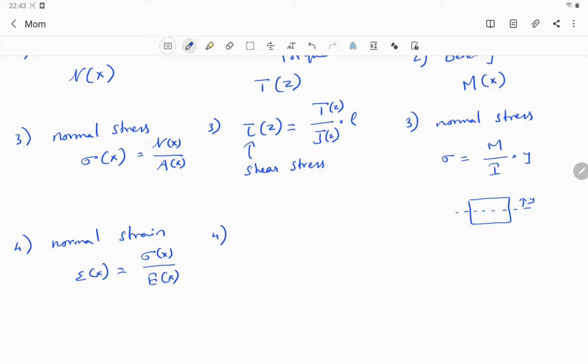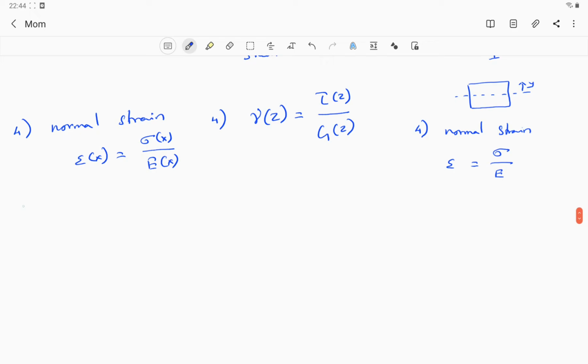And in torsional element, gamma of Z is equal to tau of Z divided by G, shear modulus of Z. Where E is the Young's modulus and G is the shear modulus. And for bending, because we are dealing with normal stress, here once again it's normal strain, and we will be using the same formula: epsilon is equal to sigma by the Young's modulus.